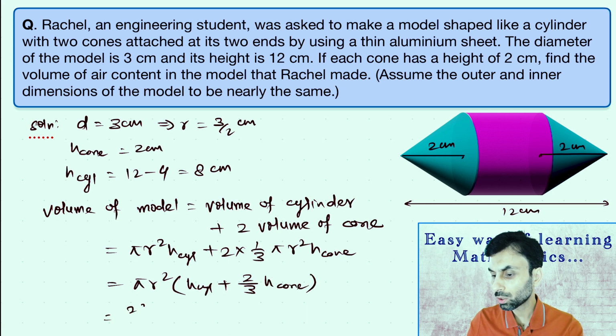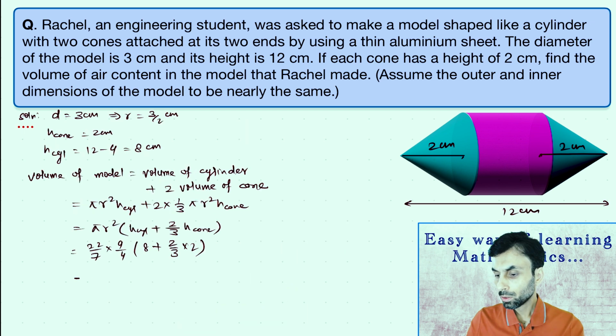Now pi value is 22 upon 7, radius is 3 upon 2 which will become 9 upon 4, into height of cylinder which is 8, plus 2 upon 3 and height of cone is 2 centimeter, which will be equal to, here we can simplify it, it is 2 times, this will be 11.